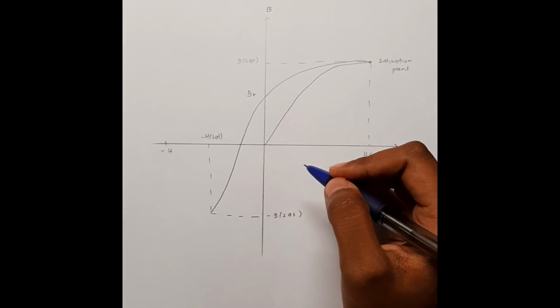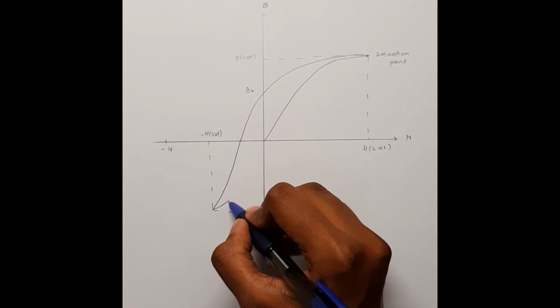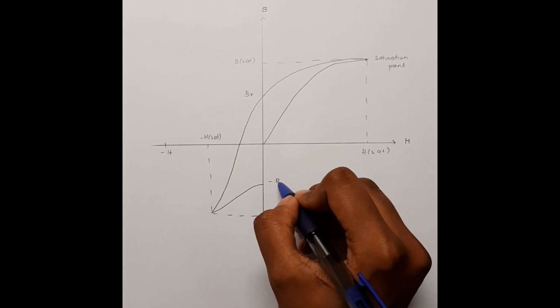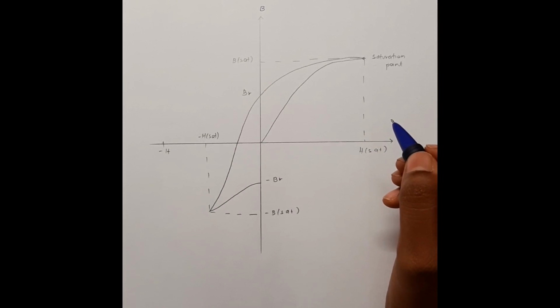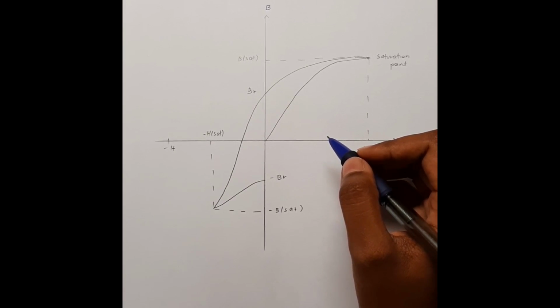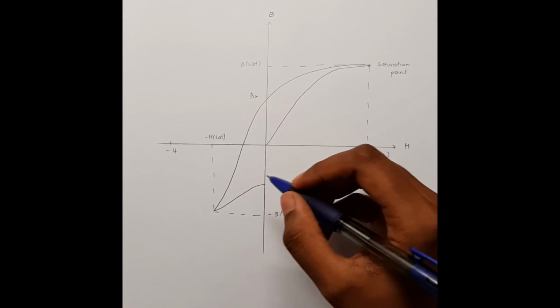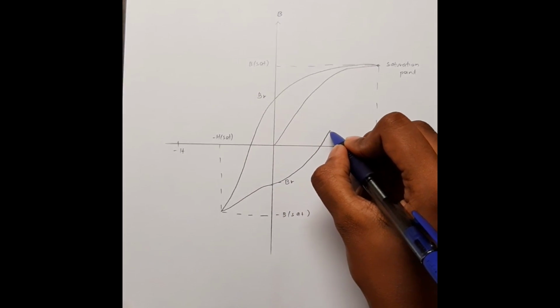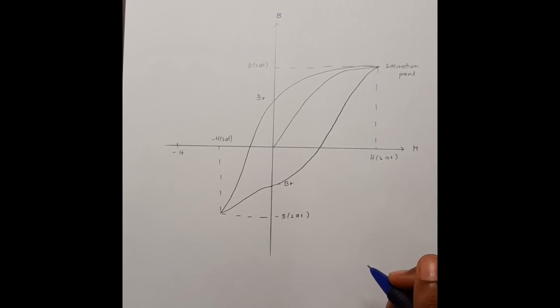When H is removed, the flux density goes to the negative residual value. The flux density follows the curve back to its maximum positive value when H saturation is in the positive direction. This is called the complete BH curve.